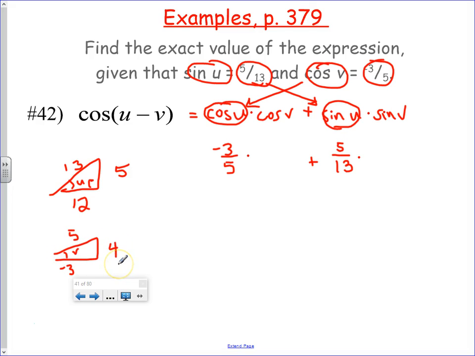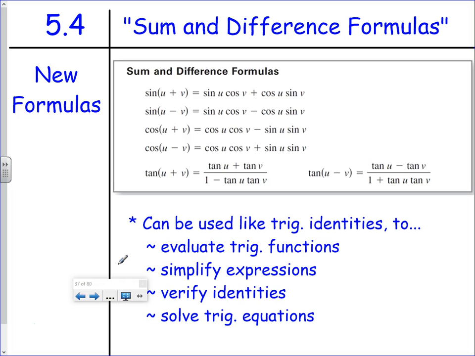Plug it in. Remember, the cosine sum and difference formulas are different than the sine ones. So for cosine, I have to follow the pattern. That's why we need to add that to our formula sheet and have it ready to go.